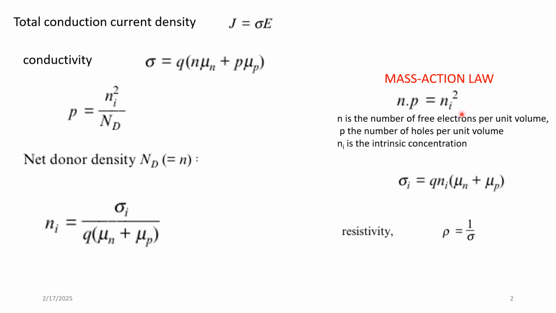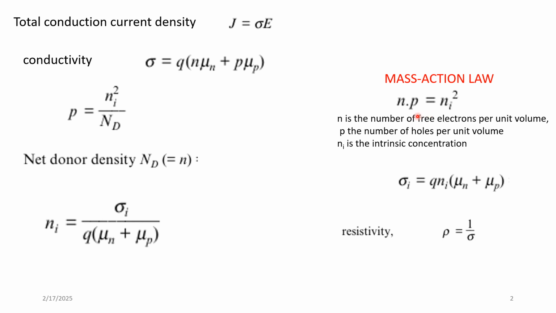What is this law? Under thermal equilibrium, for any semiconductor, the product of the number of holes P and the number of electrons N is constant, which is independent of the amount of donor and acceptor impurity doping.